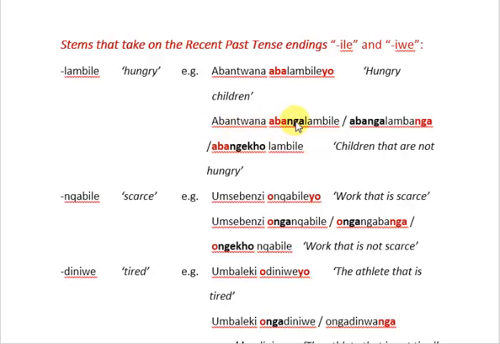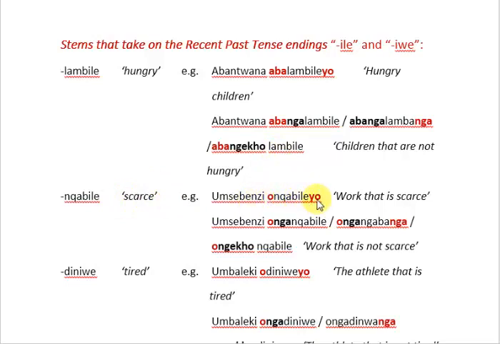Abantwana abangalambile, again in nga, because we are working with a word that takes on the same function as a verb. Abangalambanga, which we've seen before, and abangekho lambile. Abangalambanga or abangekho lambile are possibly the preferred forms.